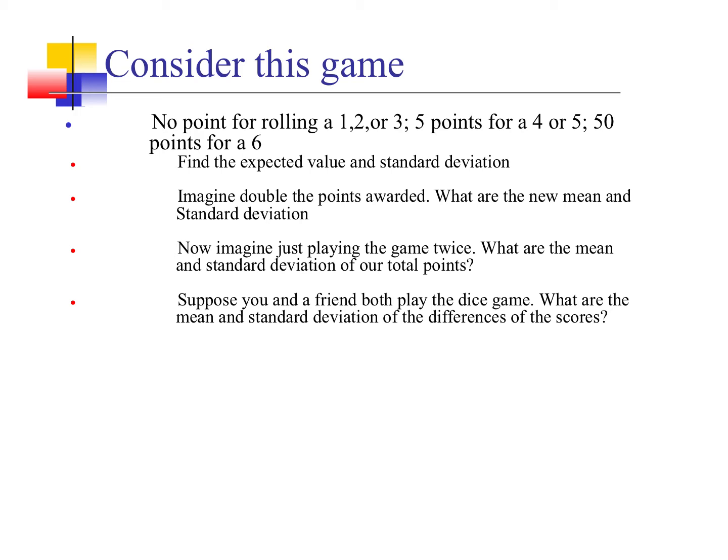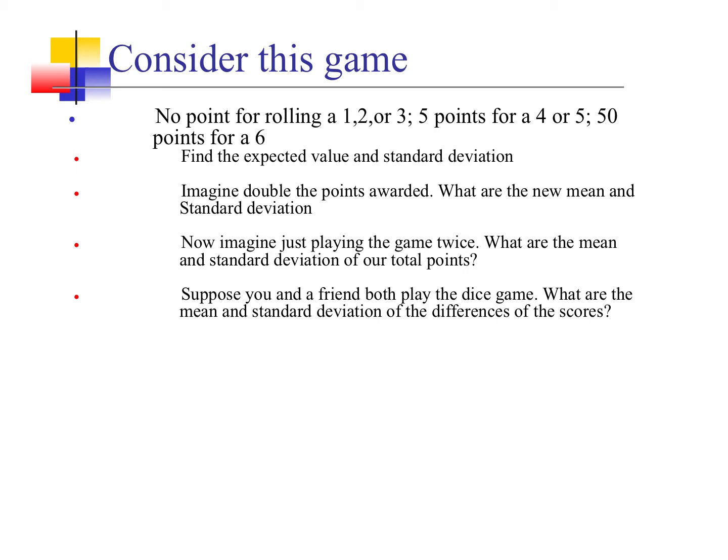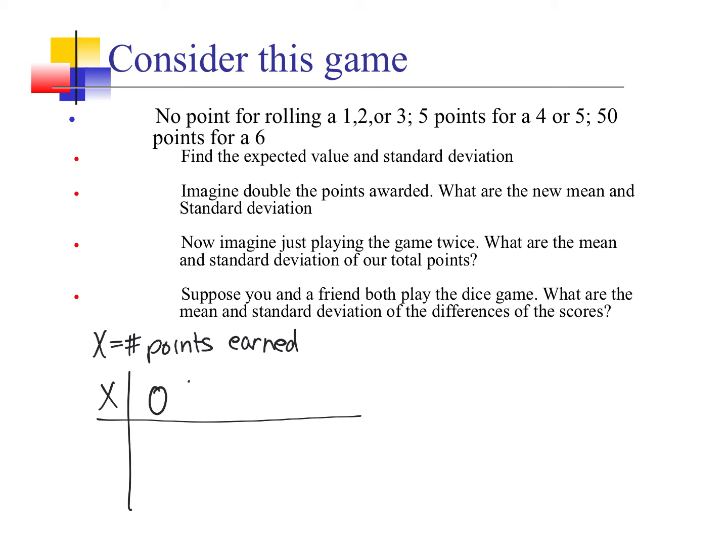So our probability model starts with x, or we could call it p for points. But x is the number of points we earned. So the possibilities in our probability model are 0 points, 5 points, and 50 points.